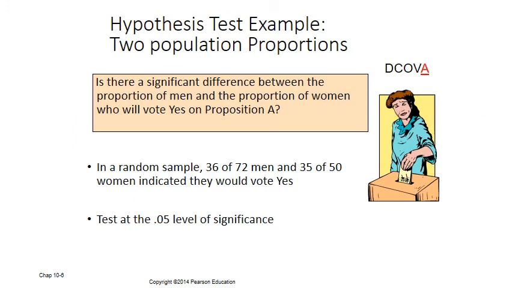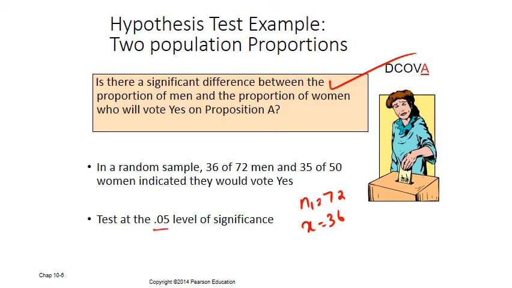So we take an example. In a random sample, 36 of 72 men and 35 of 50 women vote yes for proposition A. So for men, n1 is 72 and 36 is the number in which we are interested, those who vote yes for proposition A. I am talking about this example.